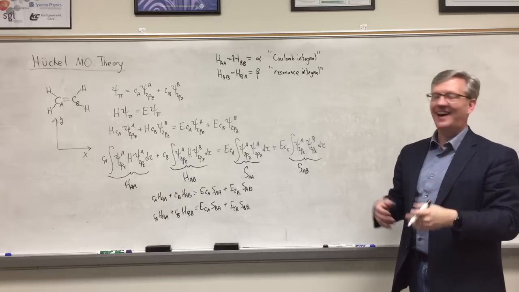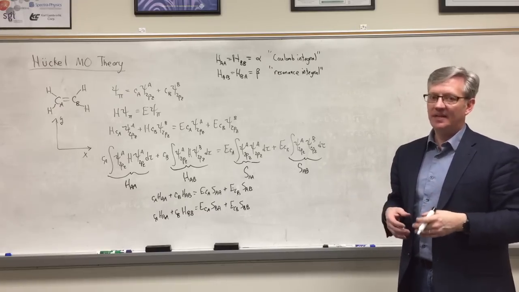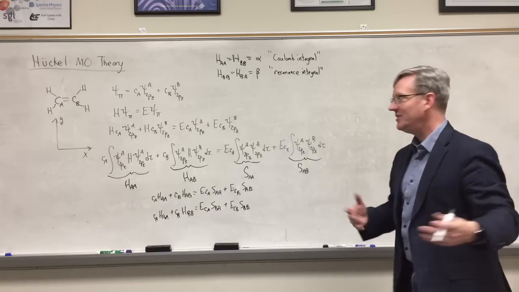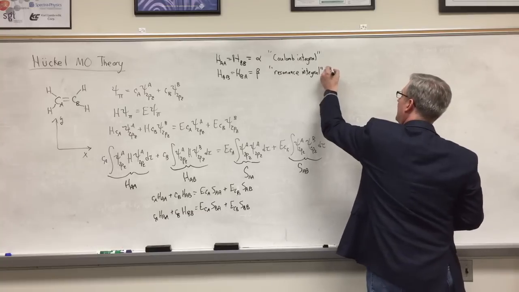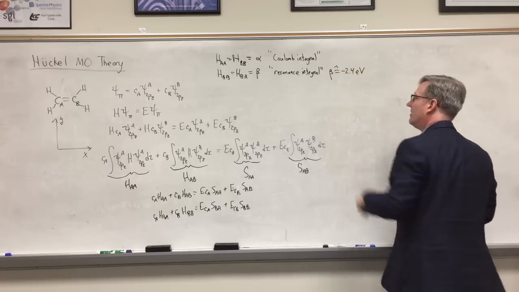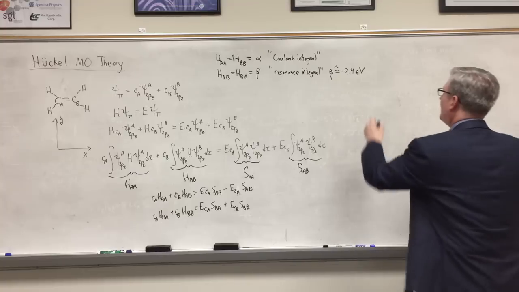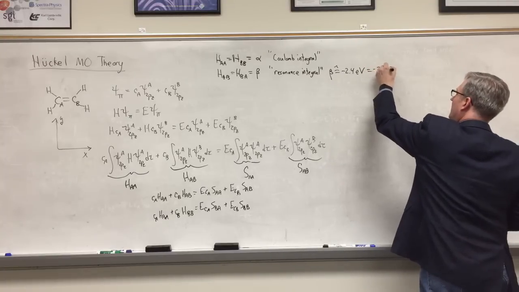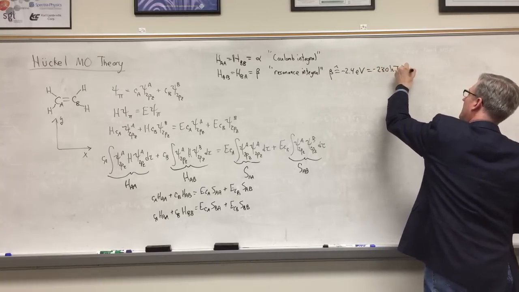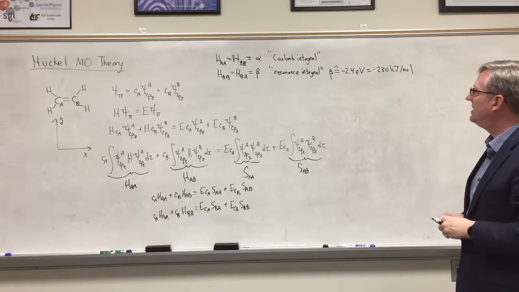It may be shown that, which always means in my classes, if I say it may be shown that, that means I'm not going to show it. I'm just asking you to trust me. Beta is a negative number. In fact, beta is approximately negative 2.4 electron volts for systems involving carbon atoms like this. And that is about negative 230 kilojoules per mole. So those are good numbers to remember. So it gives you a magnitude of these quantities.